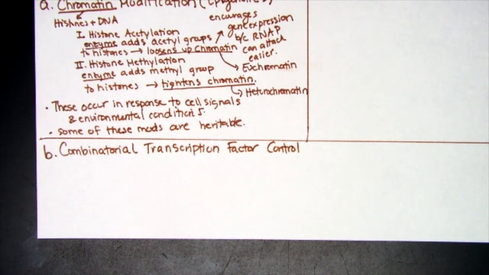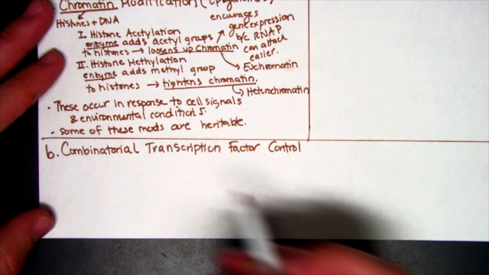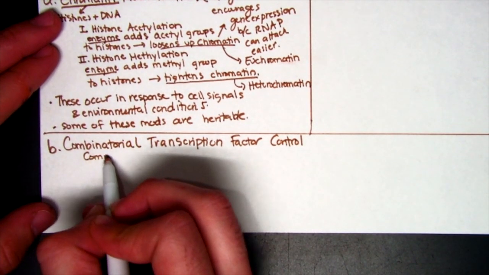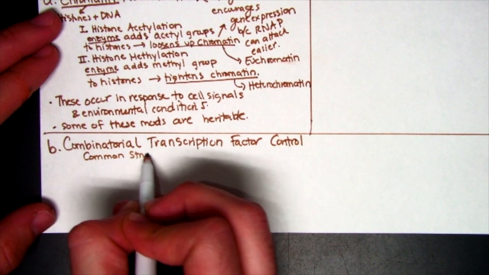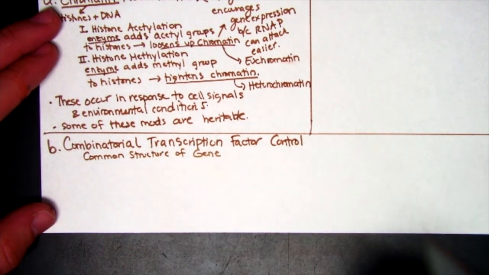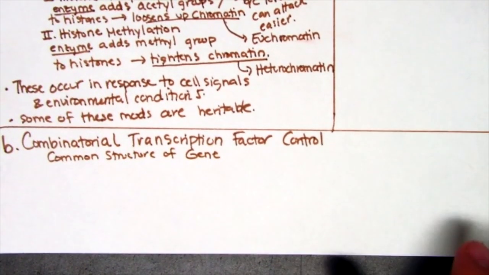Within eukaryotic DNA, there's a common structure of a gene. And that common structure has a couple different elements.